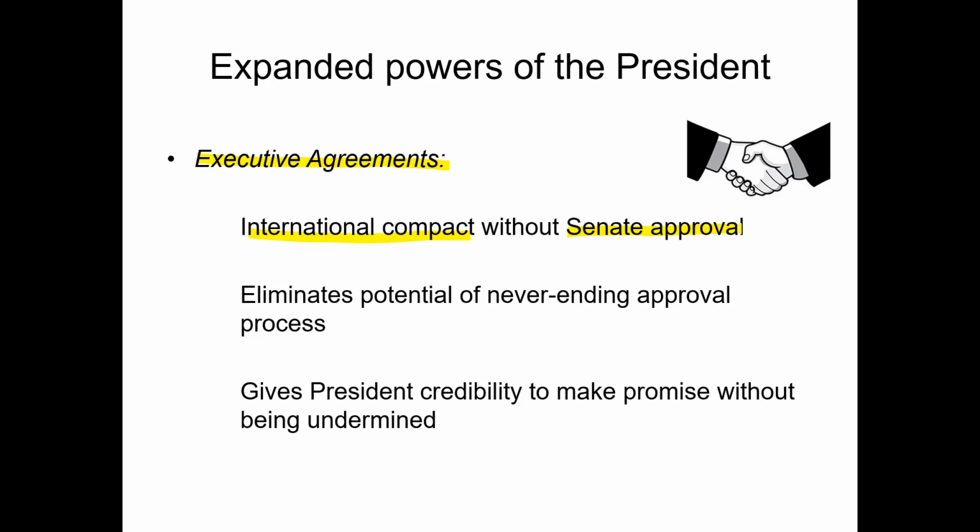So they just make these international compacts that have the same effects of a treaty, particularly during his or her administration. And that gives the president the credibility to make these agreements without having to deal with this potentially never-ending approval process, as well as being undermined by the Senate that might reject that agreement.